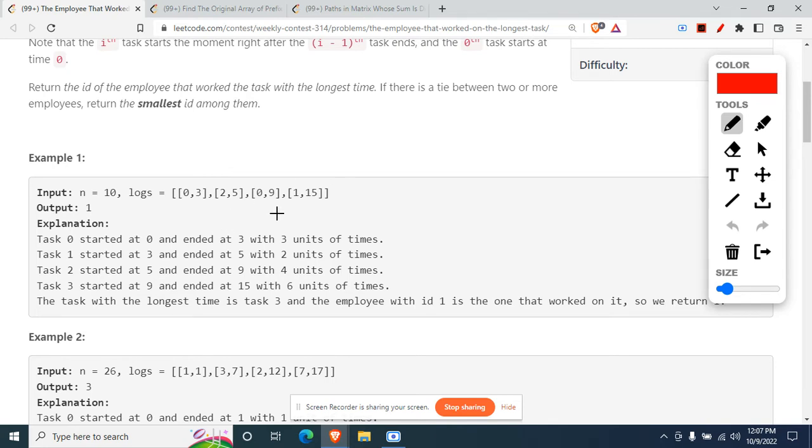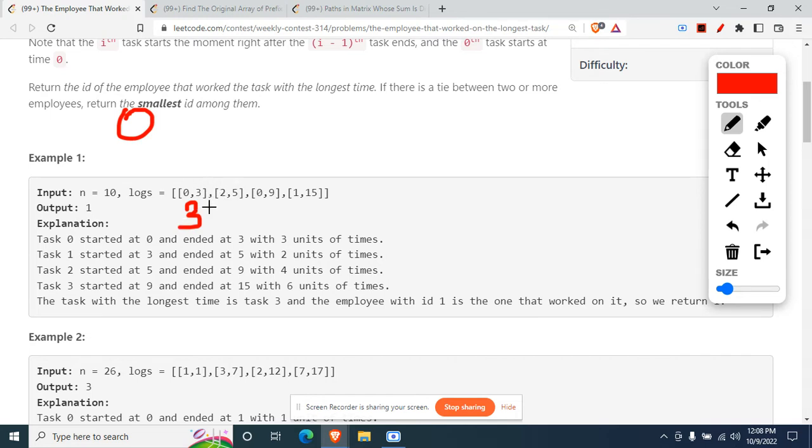At first we can just take out all the durations for which the employees are working. Like the first employee is working for how long? They are starting at the 0th time, which they have mentioned in the question as well. So the first employee is working for 3 minutes, let's just say.